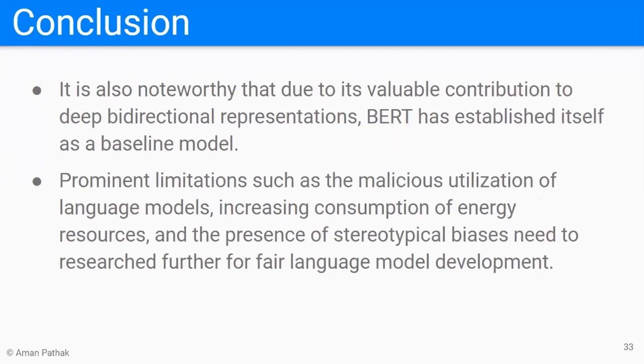It is also noteworthy that BERT, because of its contribution of deep bidirectional representation, has established itself as a baseline model. We end the conclusion by putting an emphasis on the prominent limitations: the increasing consumption of energy, the presence of stereotypes, and the malicious utilization of language models to produce fake articles and fake news.